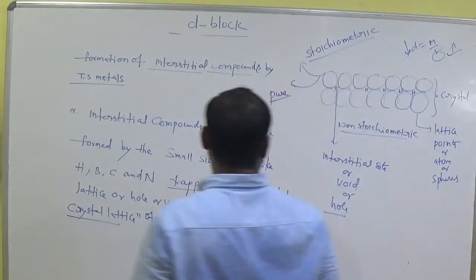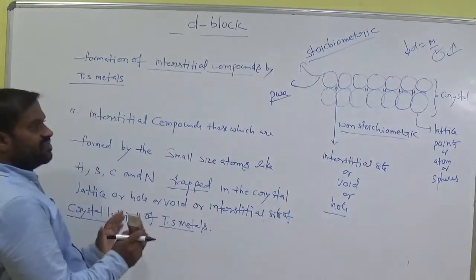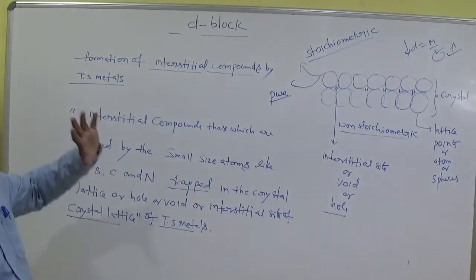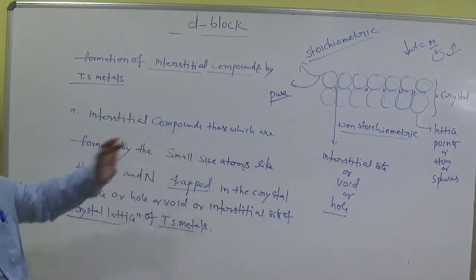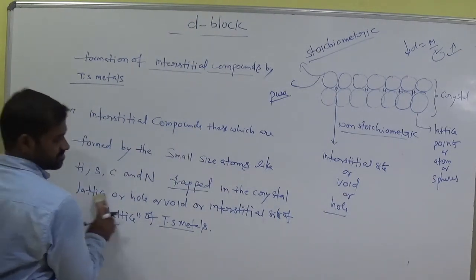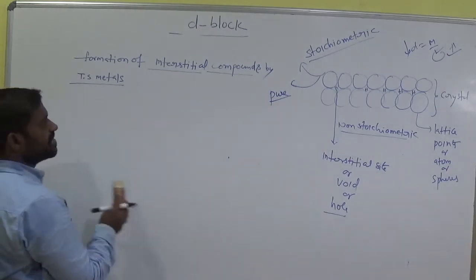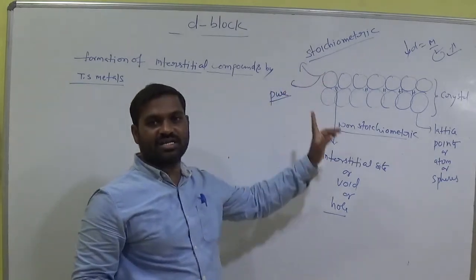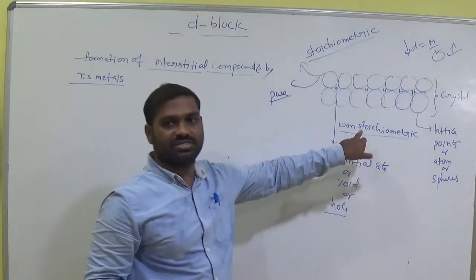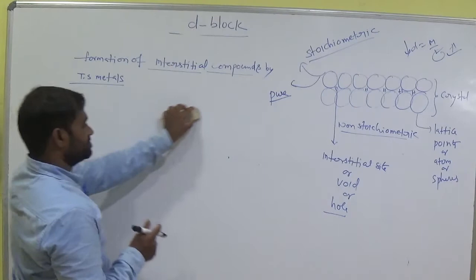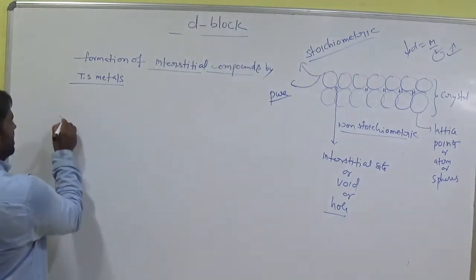Okay, let's see some important points. This is the definition: what is an interstitial site and interstitial compounds of the transition metals. Now tell me, are interstitial compounds of transition metals stoichiometric or non-stoichiometric? Clearly non-stoichiometric.